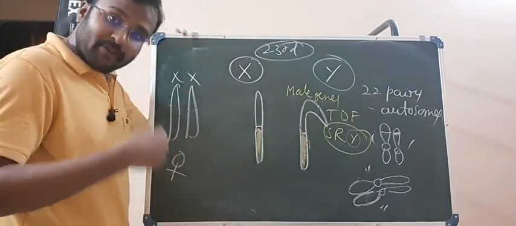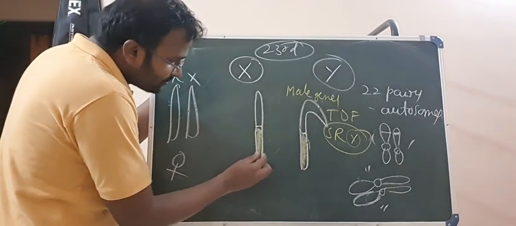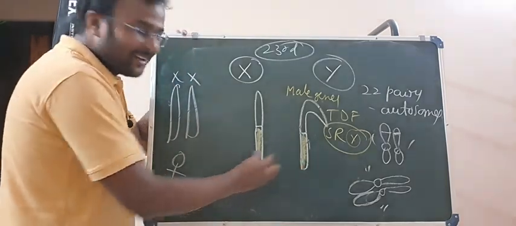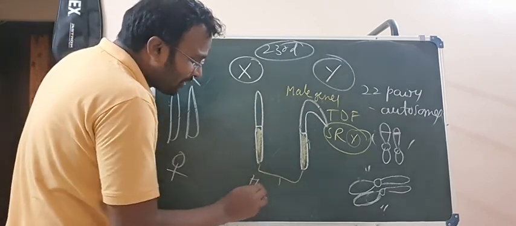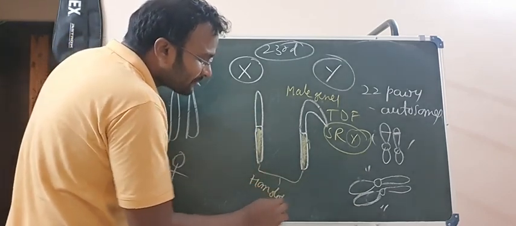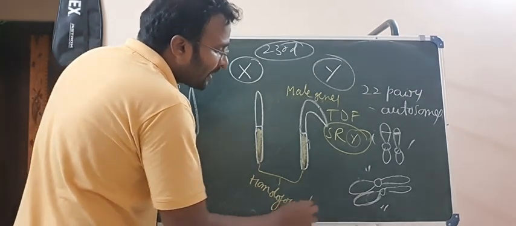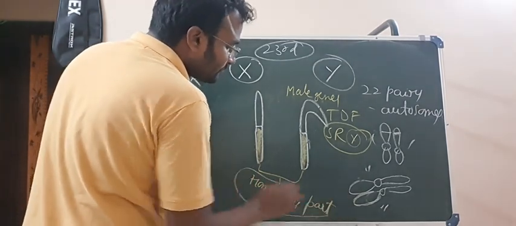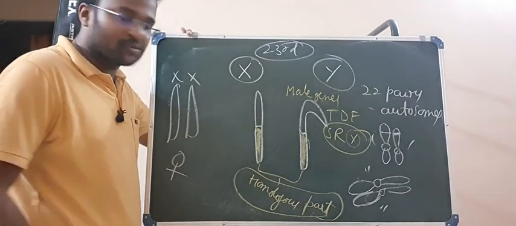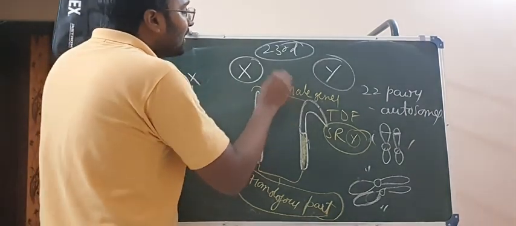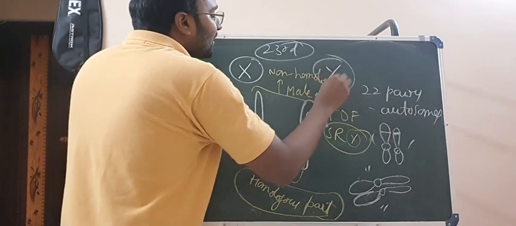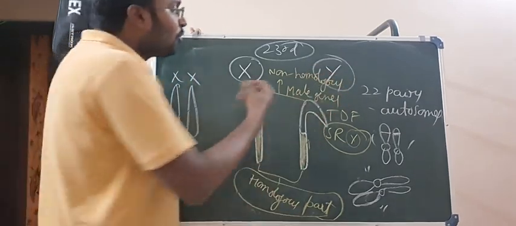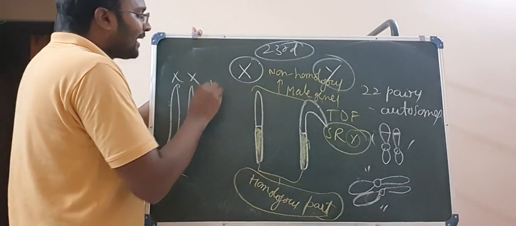While meiosis happens, these two parts will cross over. These parts are called the homologous part of the sex chromosomes. The above two are the non-homologous part of the X chromosome.